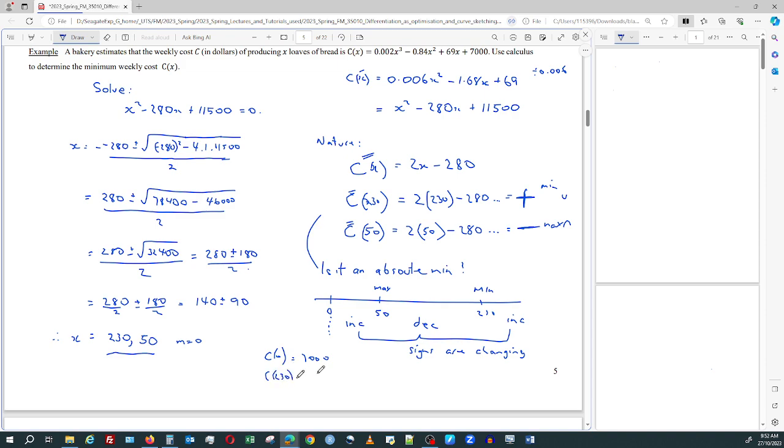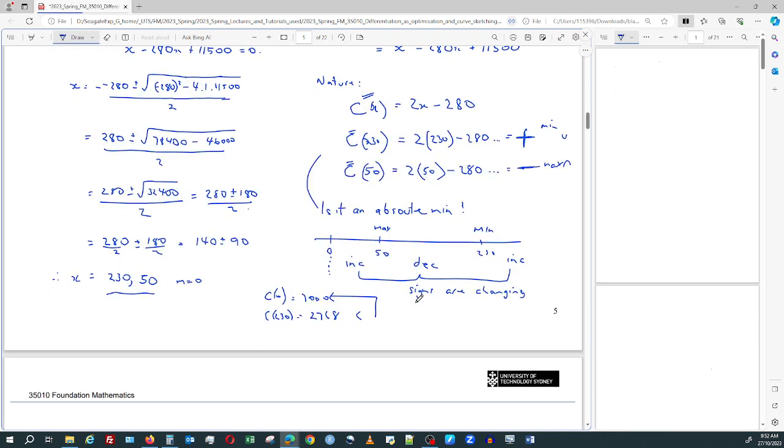We get 2768. Okay, so that value is in fact less than this one. So it's an absolute minimum cost.